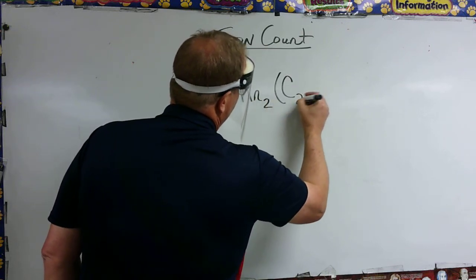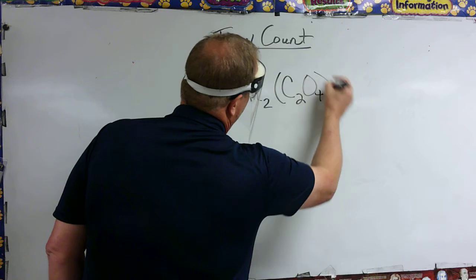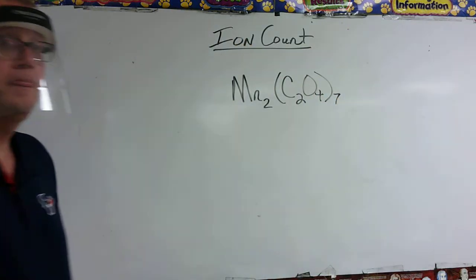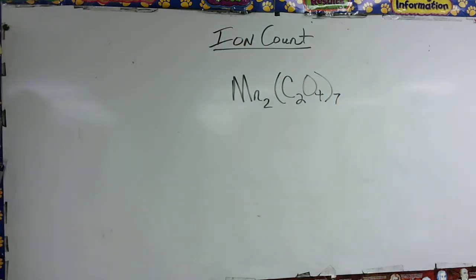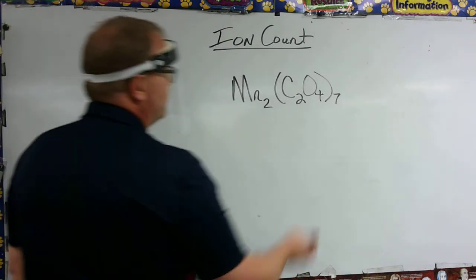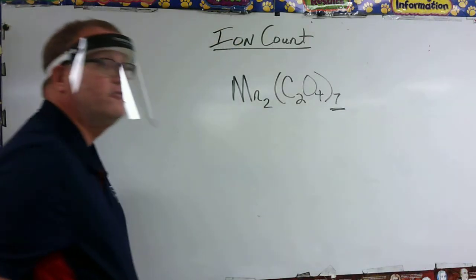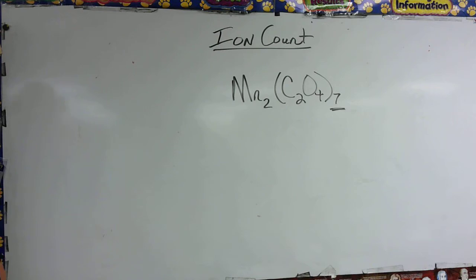Now if you take a look at this, I am not counting all the elements in it. I'm only going to count the ions. Most effective way to look at the number of ions is what's outside the parentheses.